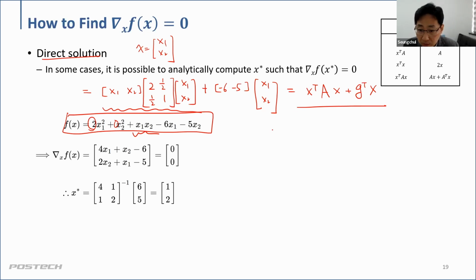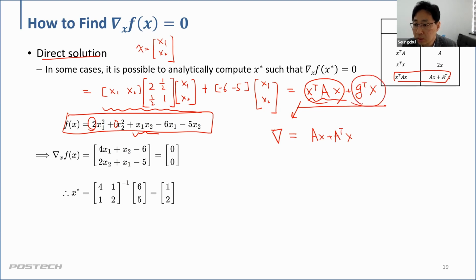And we know the gradient of this, whenever you see this one, looking at the lookup tables, is AX plus A transpose X. And you can use this one, and it's a transpose. So the transpose is equal to, right? And I have to set this equal to 0.